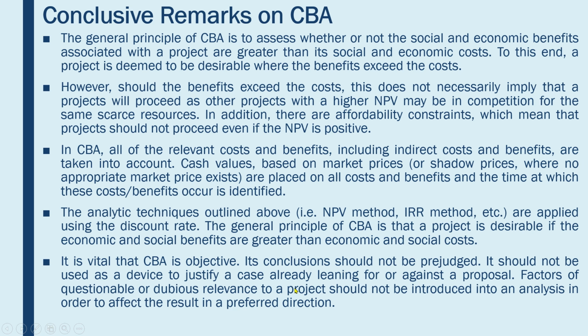Unrealistic benefits or costs should not be introduced into this. Like unrealistic benefits you have added into the conclusion to make the project look positive. Or unrealistic costs you have included when the project is positive, but you have introduced unrealistic costs to increase its cost and finally come up with a negative NPV. That is not good.